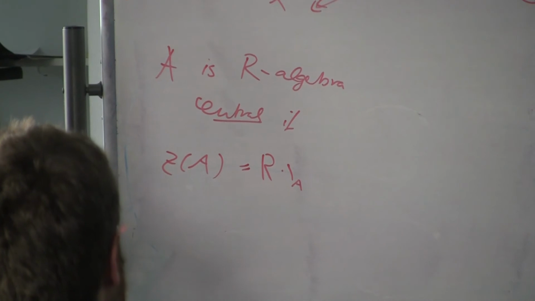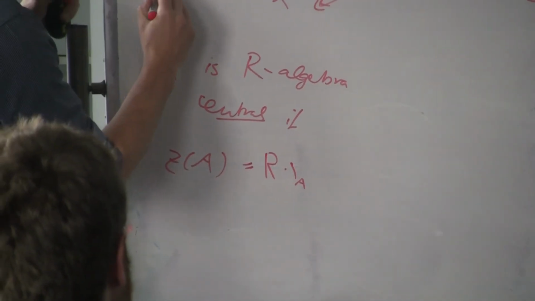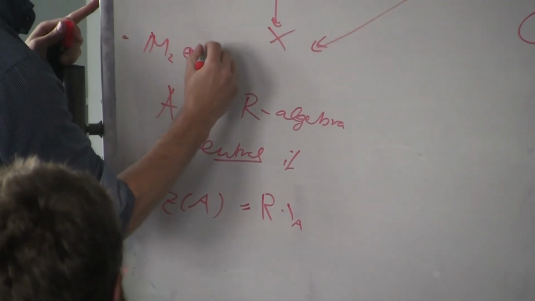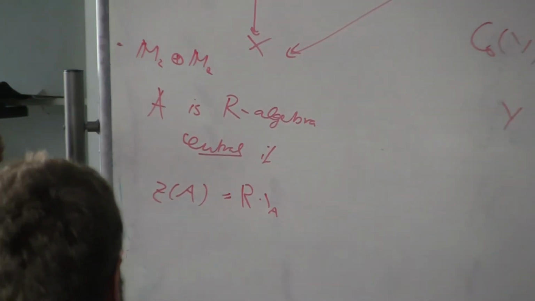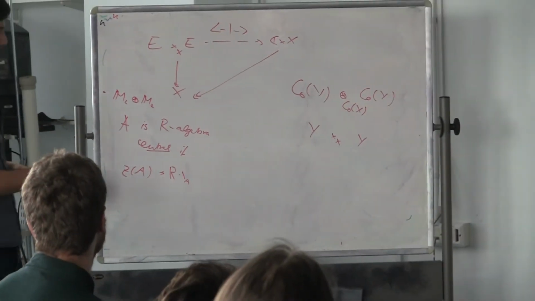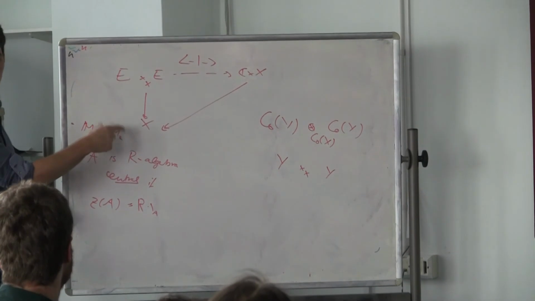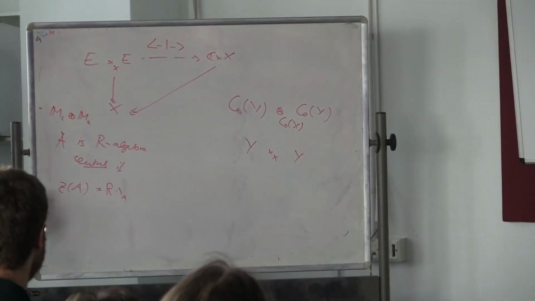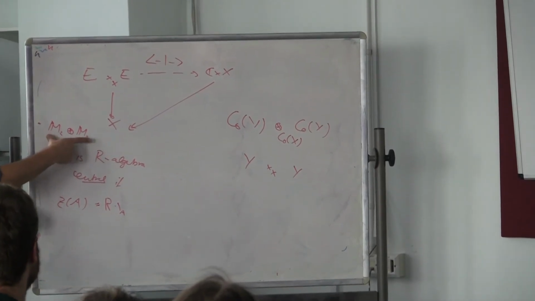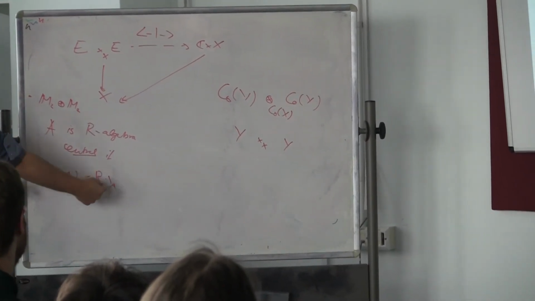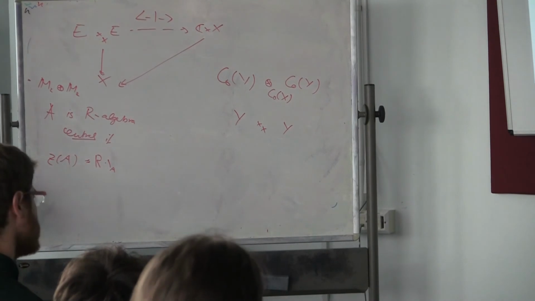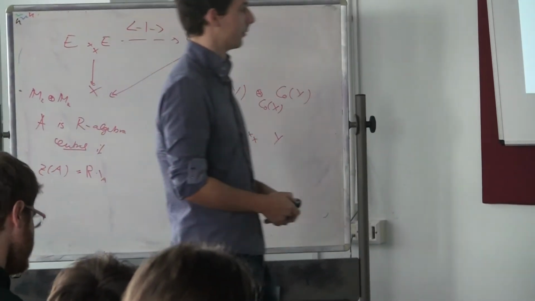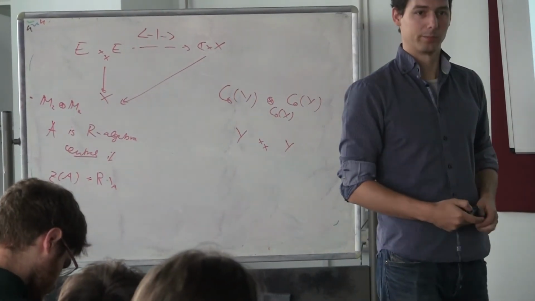But as soon as you have something like the direct product of M2 with itself, this is a fine algebra. This is pairs of 2 by 2 matrices that are multiplied pointwise. The center of that will be 2-dimensional now. So that's not central. Does that help?